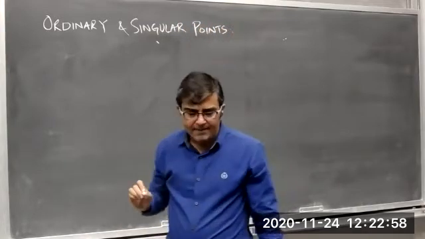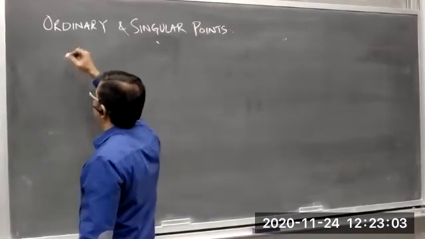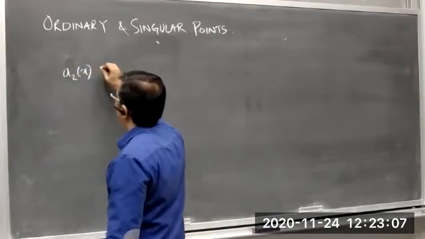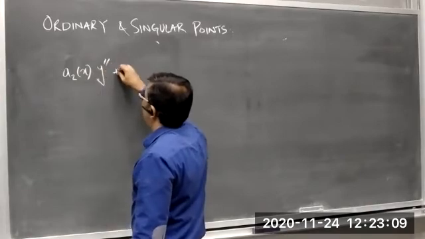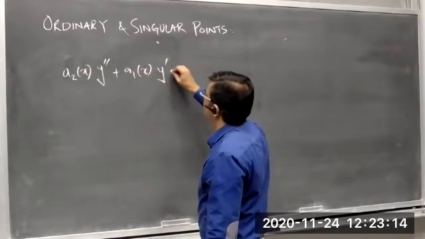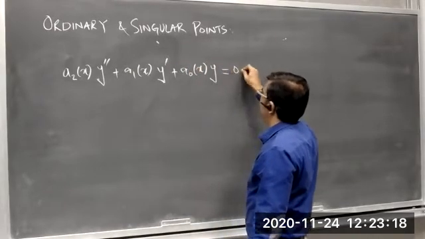If we have a second order differential equation, consider this: a2 of x y double dash plus a1 of x y dash plus a naught of x y equal to 0.